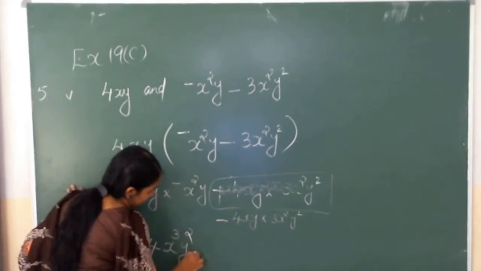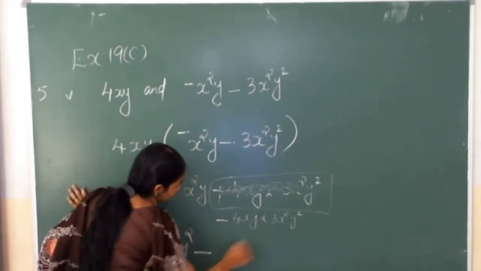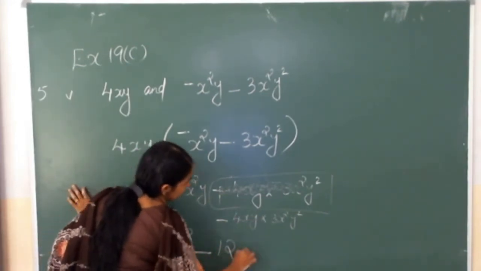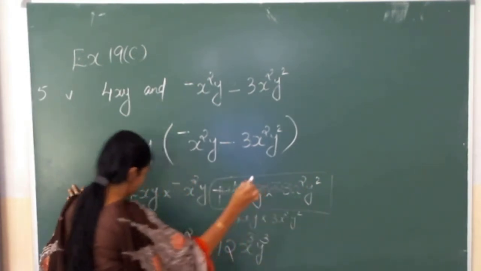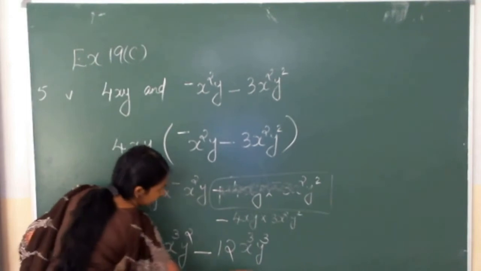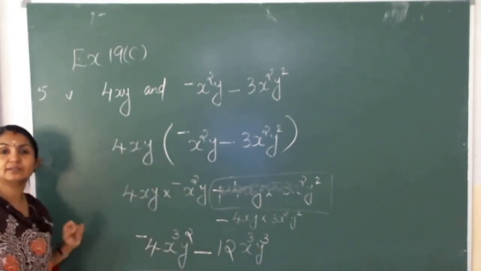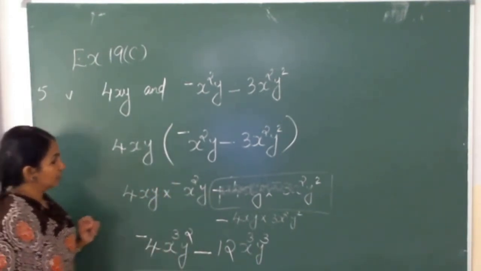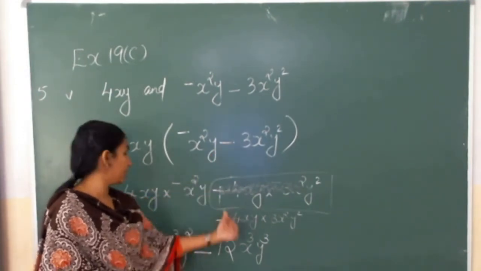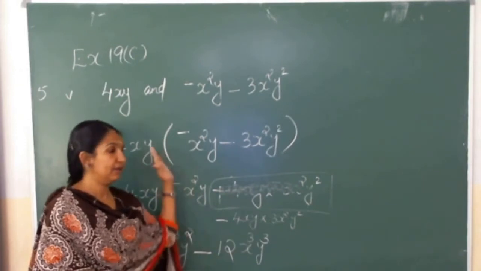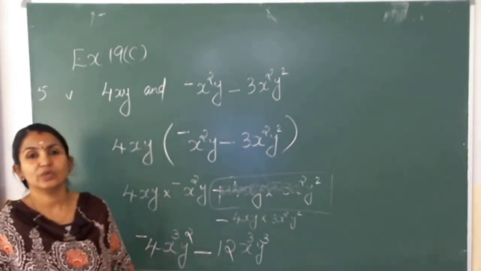Now, this minus 4 3s are 12. X raised to 3, y raised to 3. We got the answer. So, here only one thing I told, this negative sign of it is there, better you write that negative sign there and then complete it as we did.